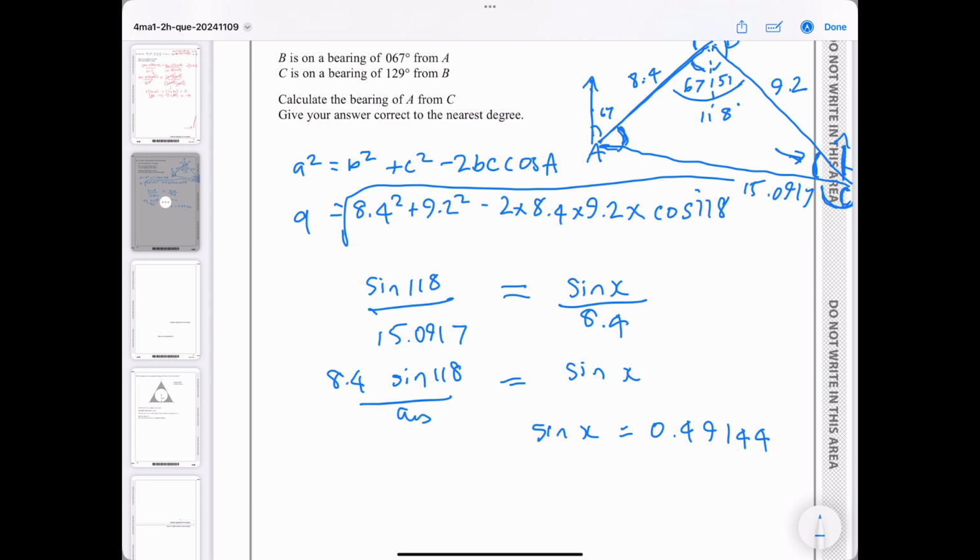Now let's do the inverse. Answer equals 29.43. So this bit here is 29.43.